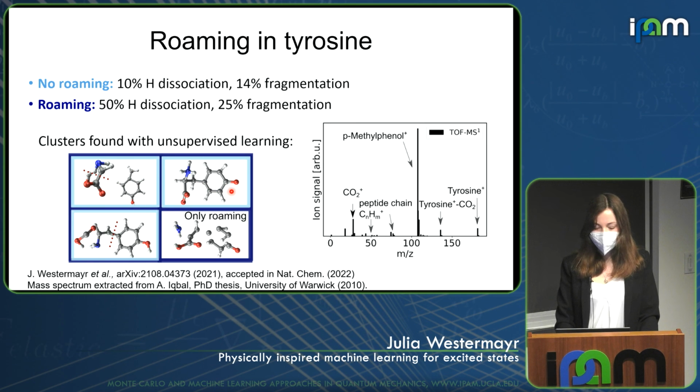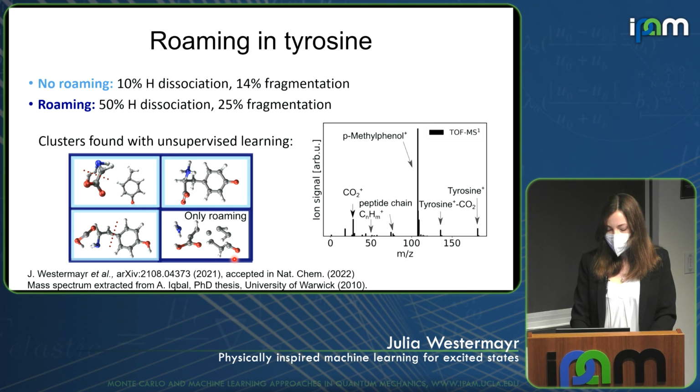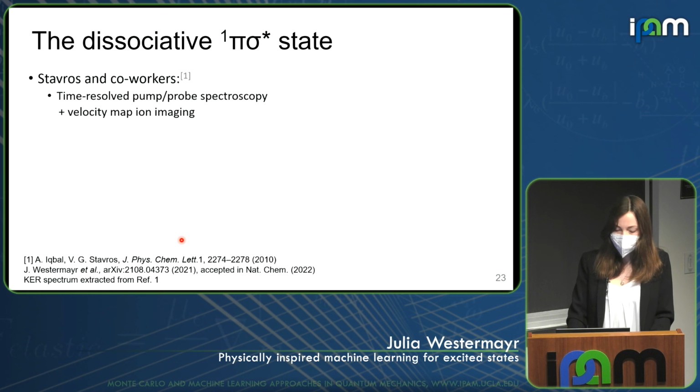So we find, for instance, hydrogen dissociation as expected, p-methylphenol, which is also very pronounced in the mass spectrum, or other fragments. But what we only found in roaming trajectories were here smaller fragments, which are also visible in the mass spectrum. So when I first presented this at a conference, some colleague asked us if these roaming atoms were really the reason for this. So if they are radicals or protons, but I will come to this later.